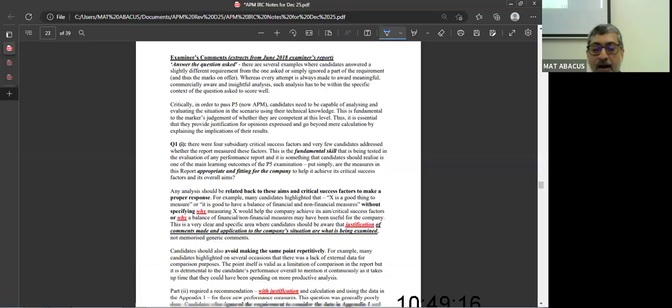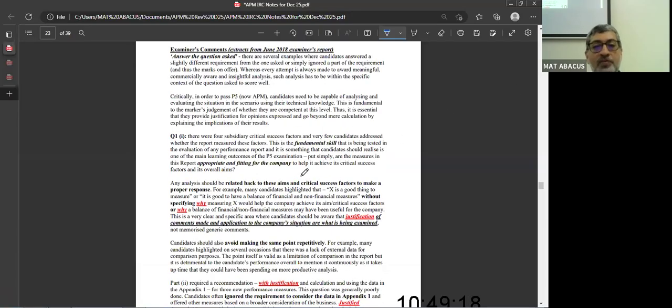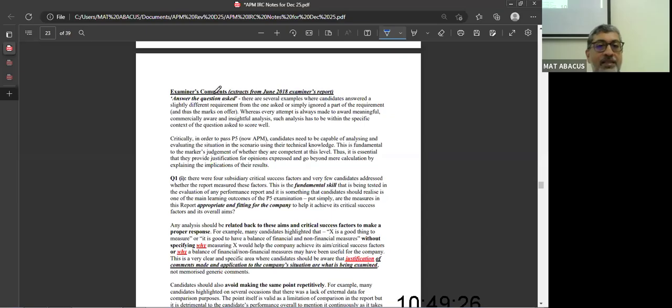So now we come to this concept of the E. The explanation and the relating is because we want you to tell us why. So you can see the examiner says the main comment here has been answer the question asked. There are several examples where candidates answered a slightly different requirement from the one asked or simply ignored a part of the requirement.